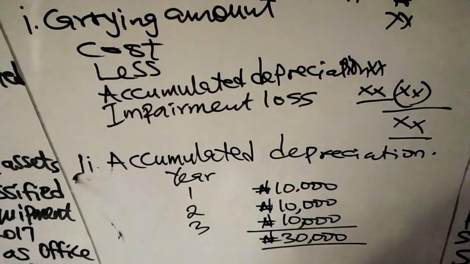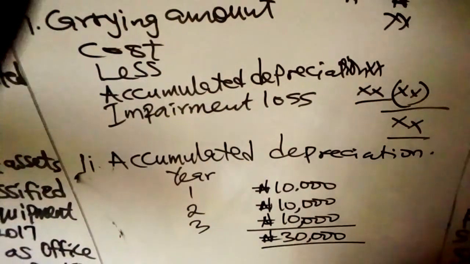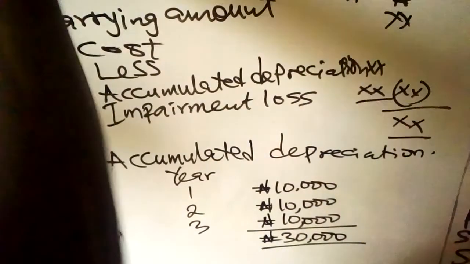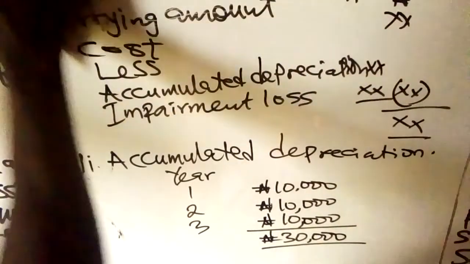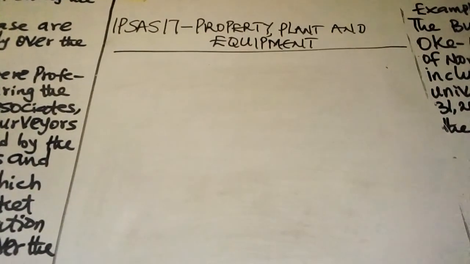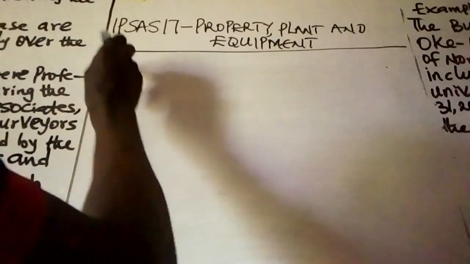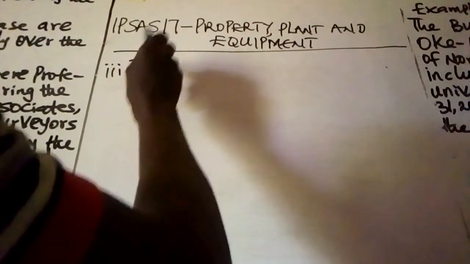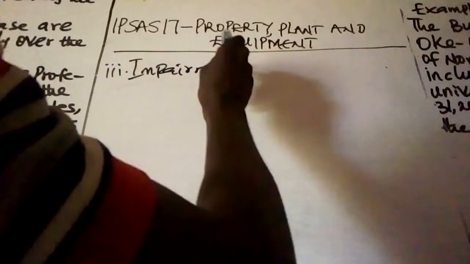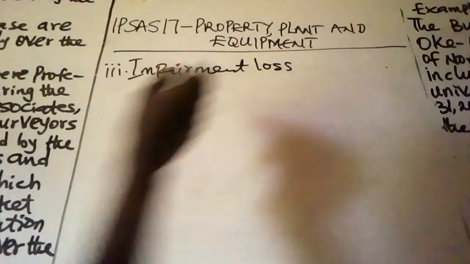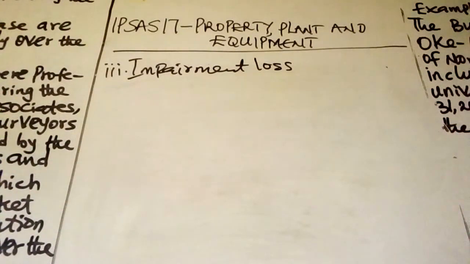That is accumulated depreciation. The third term I'm going to look at is impairment loss. What is impairment? Impairment loss is the amount by which the carrying amount of an asset exceeds its recoverable value.